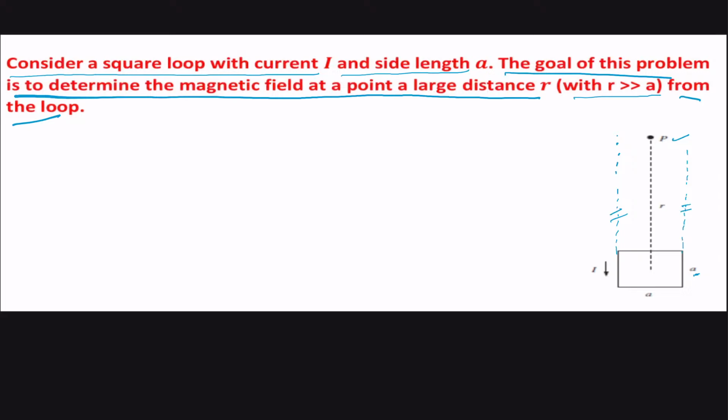But in general, if this point P is very far, we cannot take these lines as parallel. In an ideal situation, we can assume that they are at an angle of theta with respect to this point P. So this way we get the exact relationship at the point P with respect to the square field.